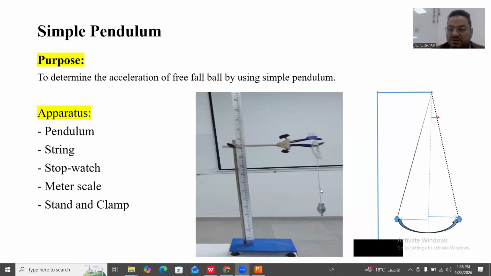It's according to just the gravitational force, from top to bottom. Free fall ball means freely moving from point to point according to this angle, a small angle. I will show it in the next slide, throwing from the equilibrium point like that.